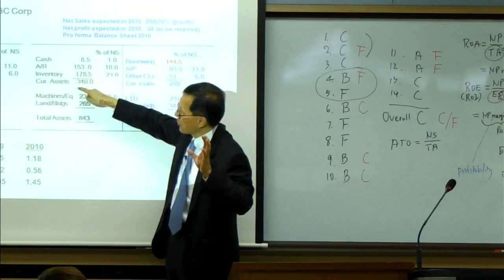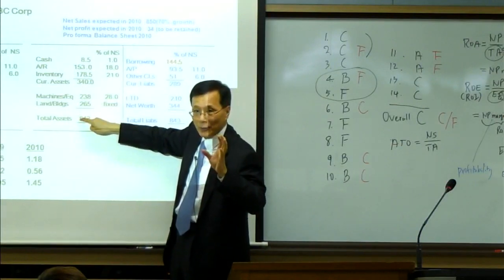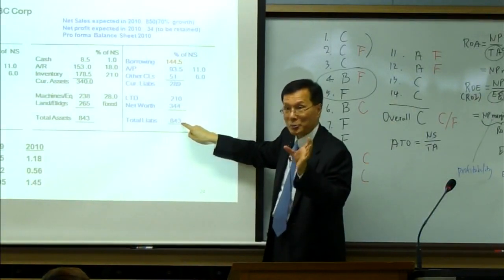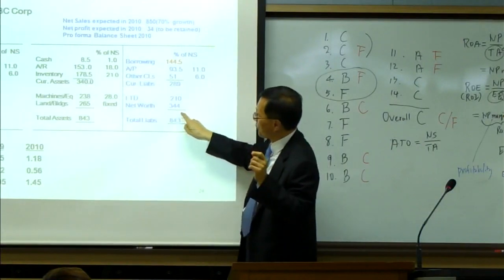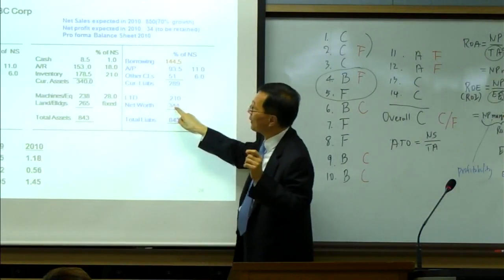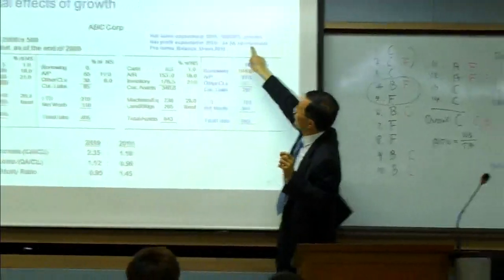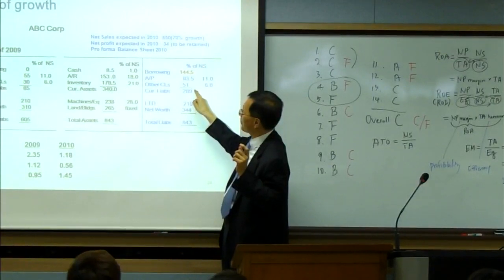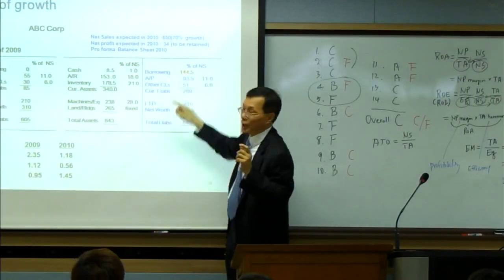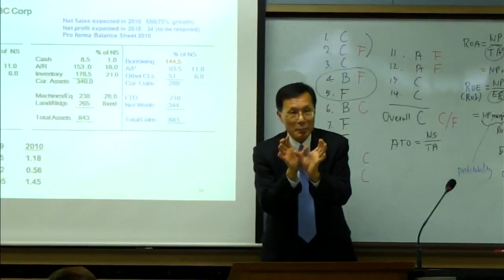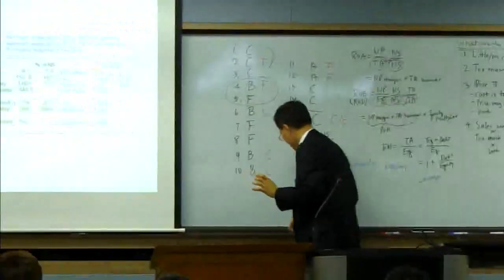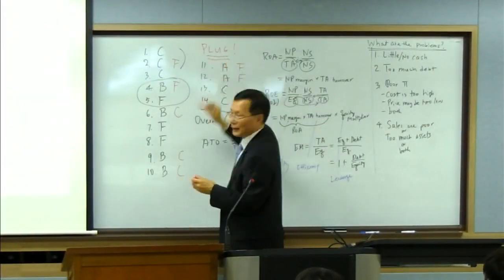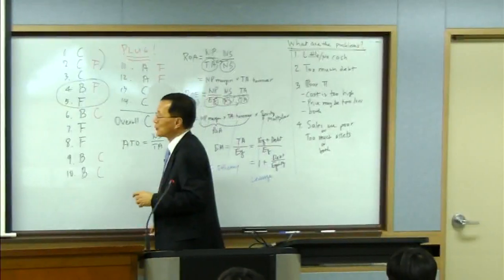You fill out these numbers all the way to the bottom, to total assets, and move to the right and write it down because the balance sheet must be balanced. And going back up this way, net worth will be 310 plus the income retained, and going back up and up, and this number will be the residual, the last number that you will find, the so-called plug-in number. Plug. That plug number.